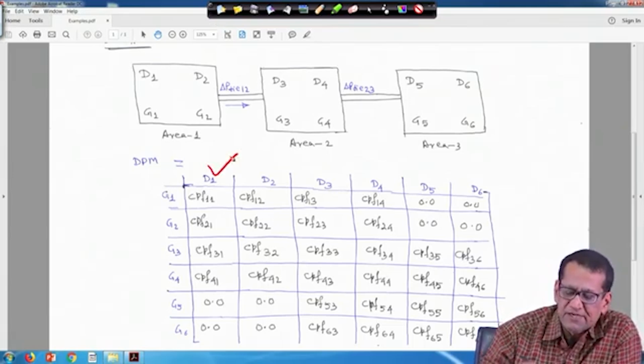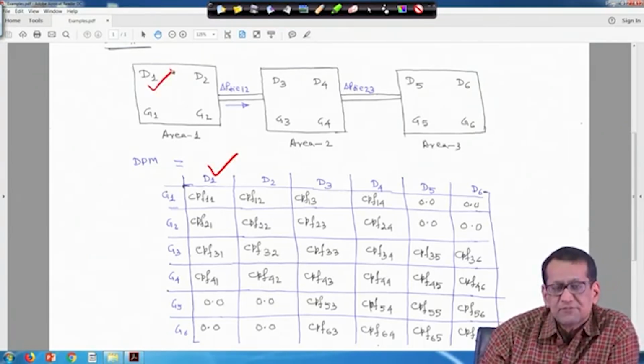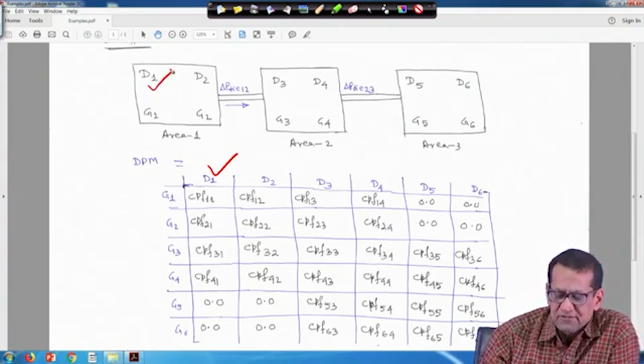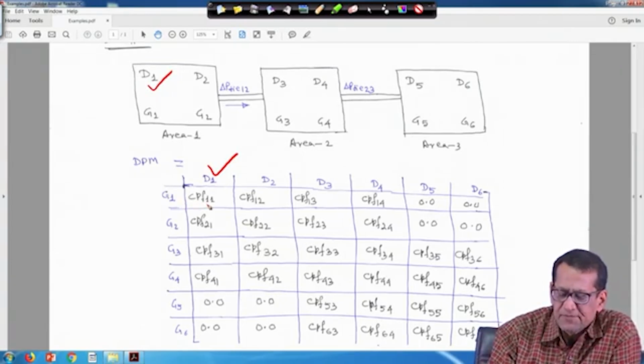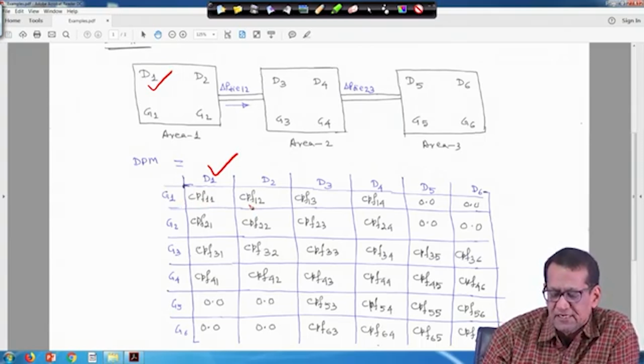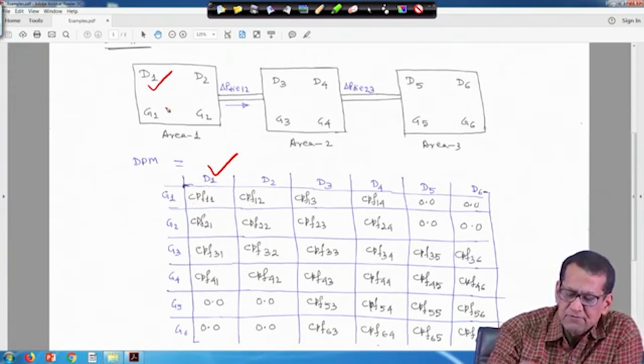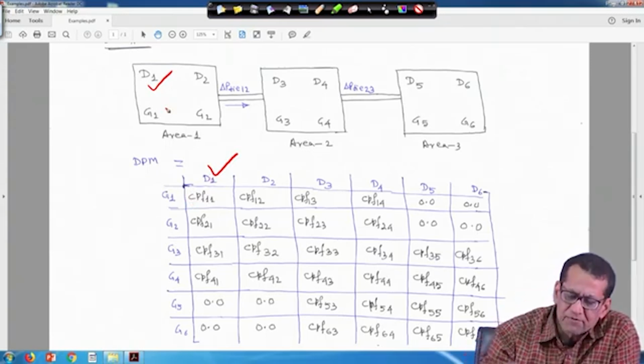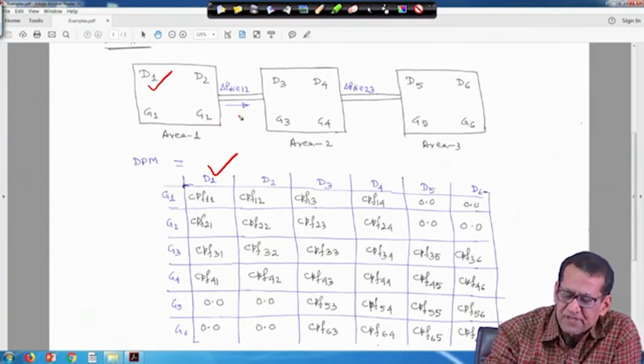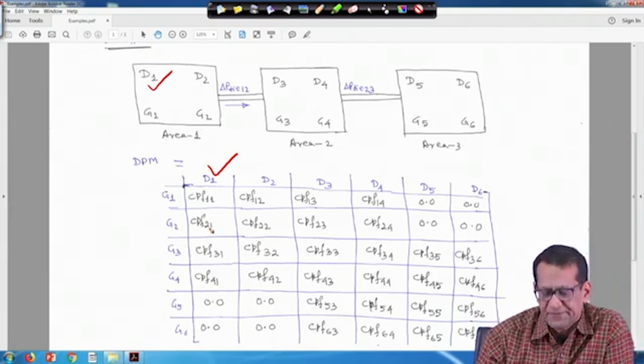Now, consider D1, distribution company 1. It may have contact with GENCO 1, so CPF 11, right. And this DISCO D1 can also have contact with the GENCO in the same area, G2, so CPF 21, right.